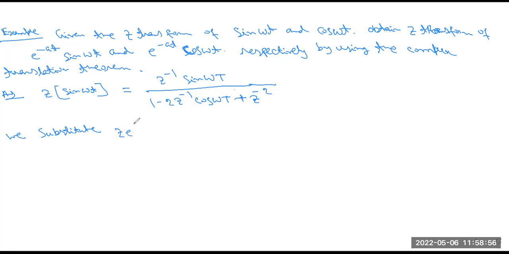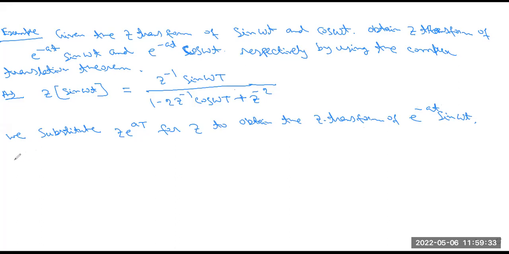Now we substitute z into e to the power at for z to obtain the jet transform of e to the power minus at sin omega t. ओके, मतलब हम लोग z e to the power at for the jet transform we have to obtain this function.